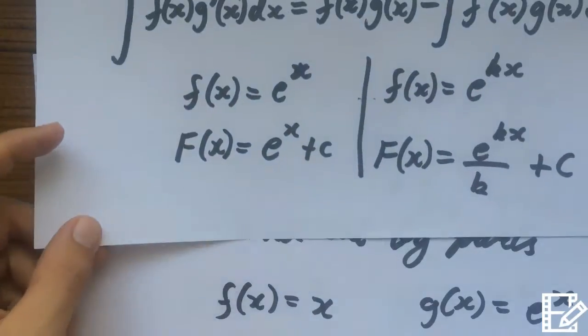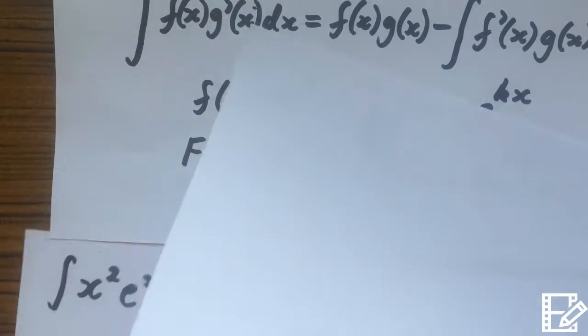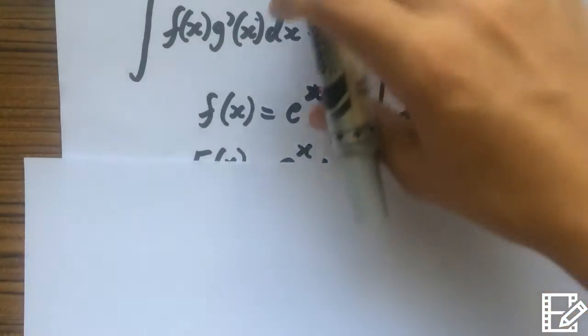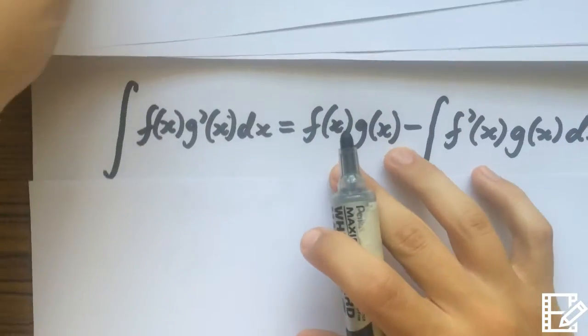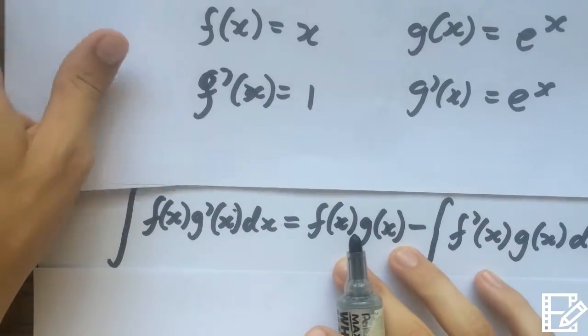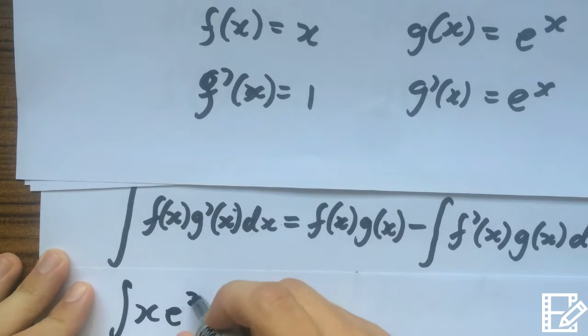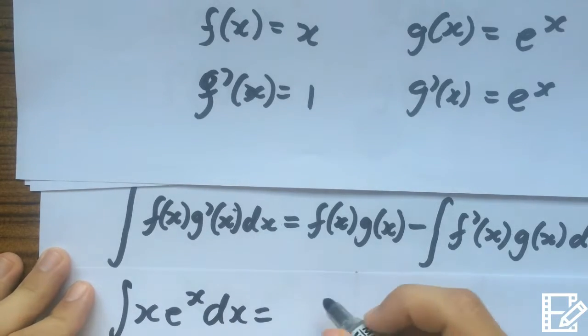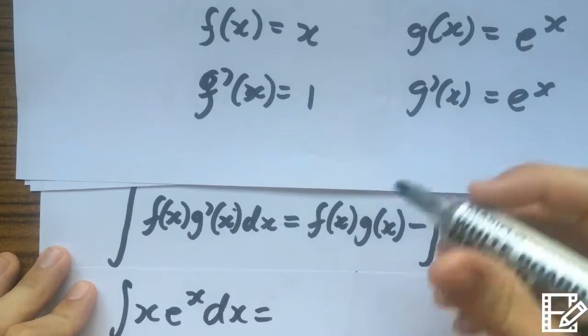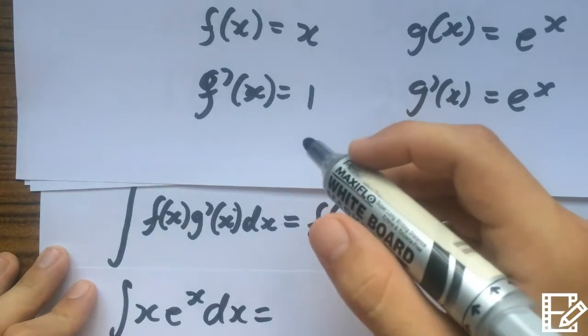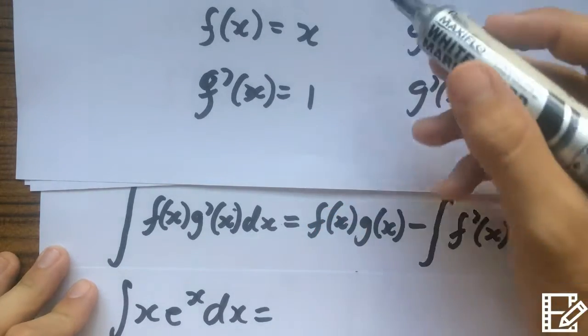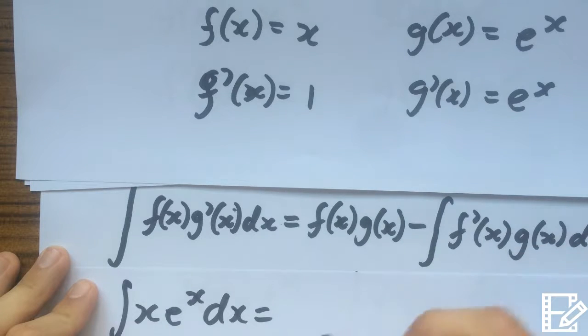So the integration of x multiplied by e to the x dx. We've already done this before, but I'm just doing it again because you don't just write in this is what it equals. You do this process if you want to get full marks on an exam.